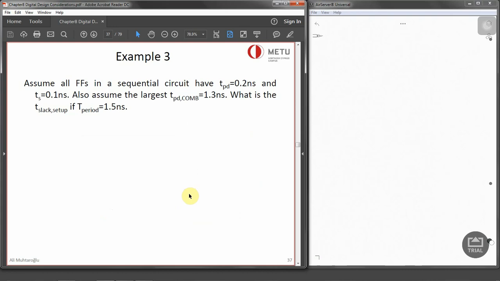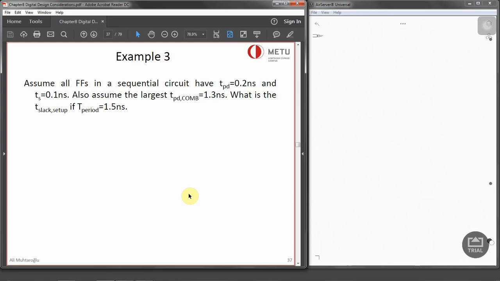Example 3 says, assume all flip-flops in a sequential circuit have a propagation delay of 0.2 nanoseconds and a setup time of 0.1 nanosecond. Also, assume the largest combinational propagation delay is 1.3 nanoseconds. What is the setup slack if T period is 1.5 nanoseconds?